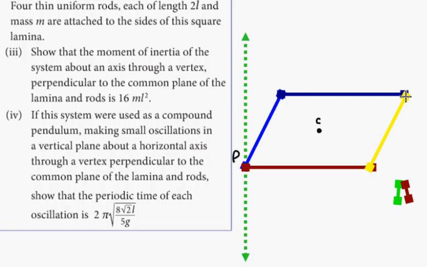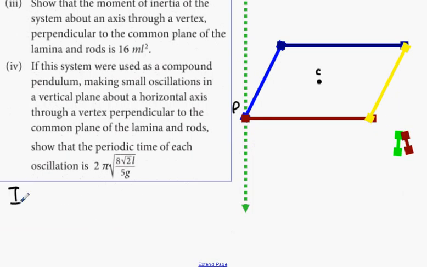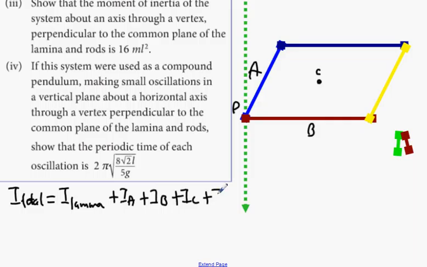Okay, now what's the good news? The system itself, the whole answer for the total inertia, I total, is basically the inertia of the lamina on its own in isolation, plus the inertia of rod A and B, IA plus IB, and finally the inertia of rod C and rod D. That's our goal.